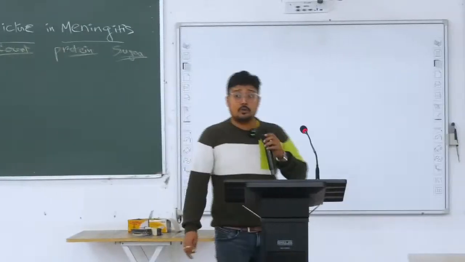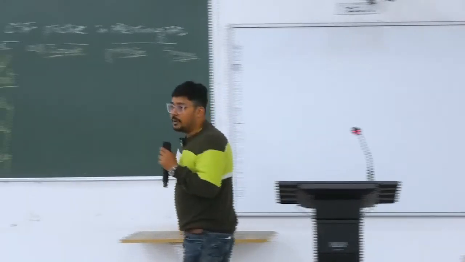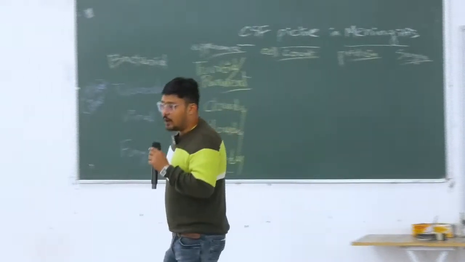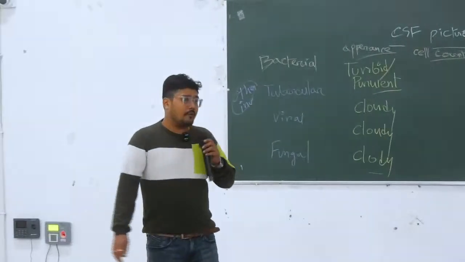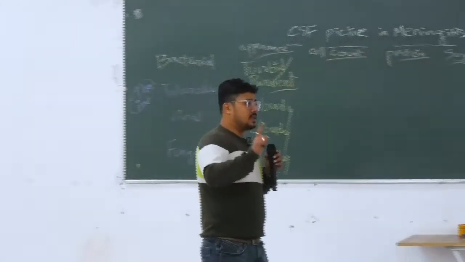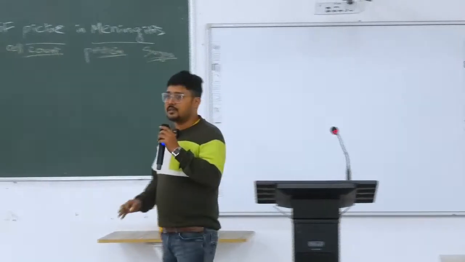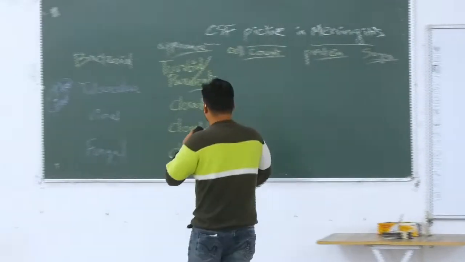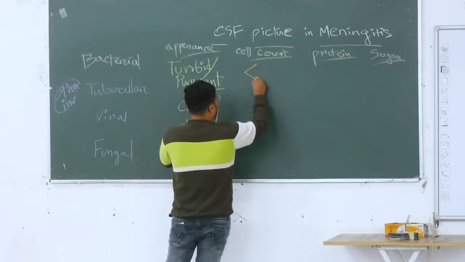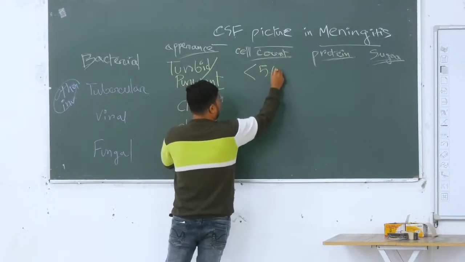Next, the cell count. So, coming to the abnormality in cell count, we have to know the normal range of the cell count. In a normal adult person, the cell count of CSF is less than 5. So, normal is less than 5. This is normal.